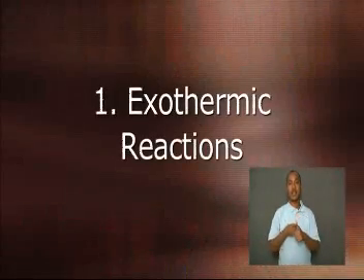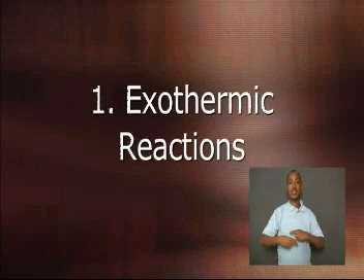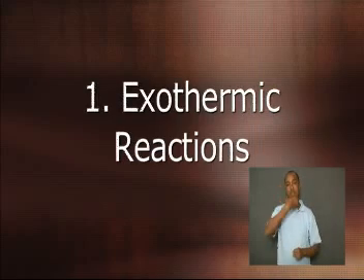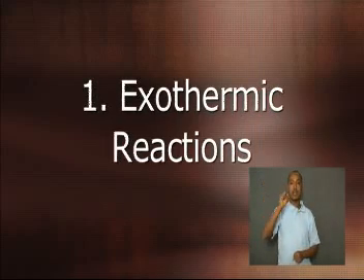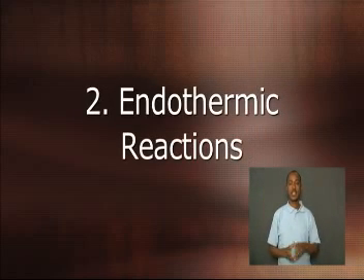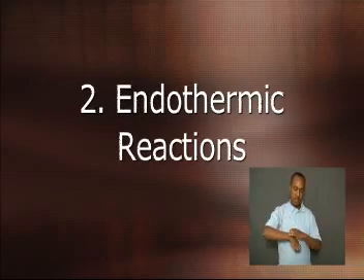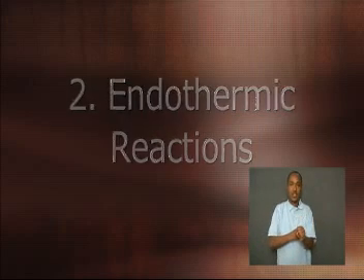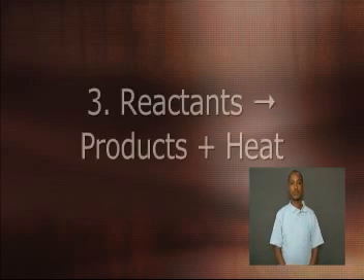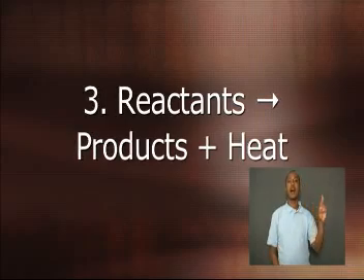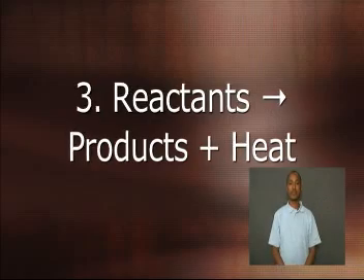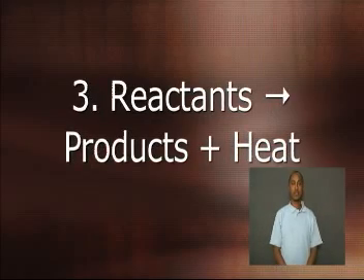First, an exothermic reaction releases energy in the form of heat or light as it proceeds. Second, an endothermic reaction absorbs energy. Third, we use this equation to describe reactions that release energy.